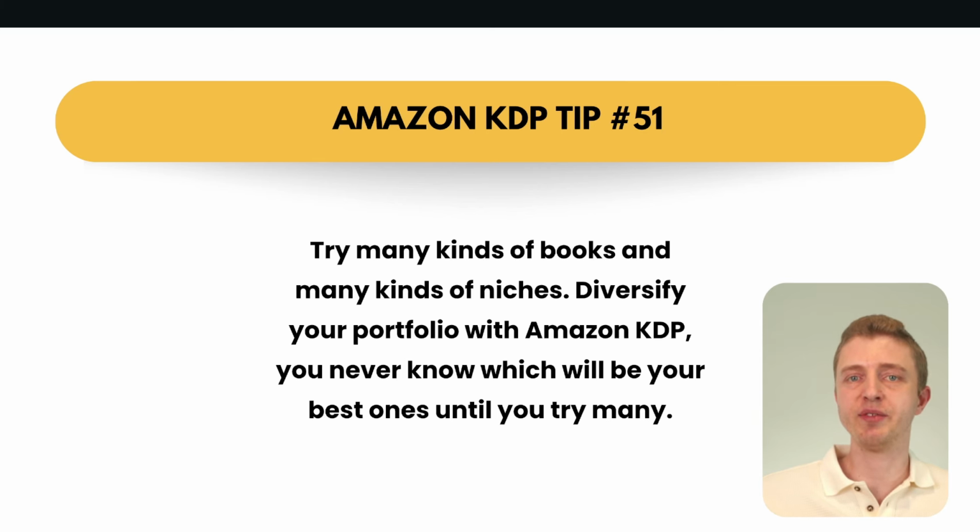You can also try reaching different age groups or different audiences, or you can even try creating an activity book for your kids or creating a notebook that's themed based on your children's books or those stories. Just try different books, different niches, and diversify your portfolio as much as possible because you never know where your biggest success might be. So if you're only trying one type of book or one niche and you're struggling with sales, that can just be the reason. So try it out and see how that goes.